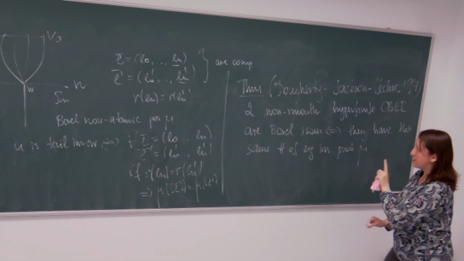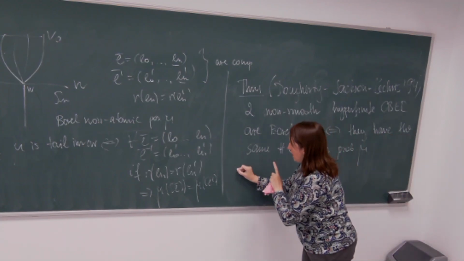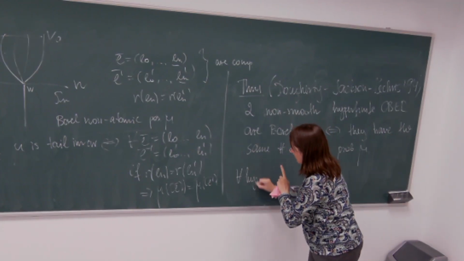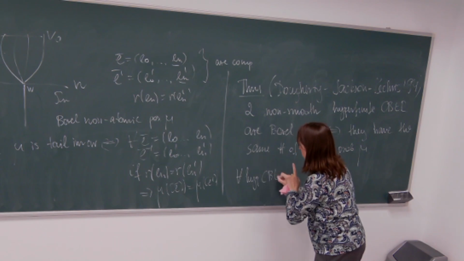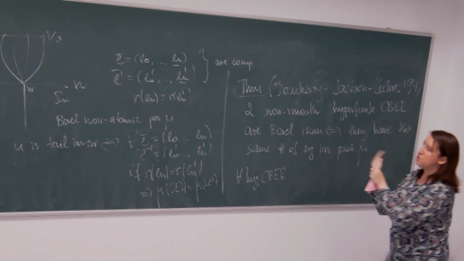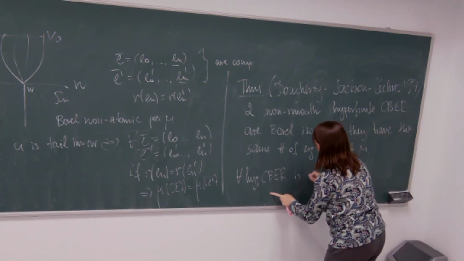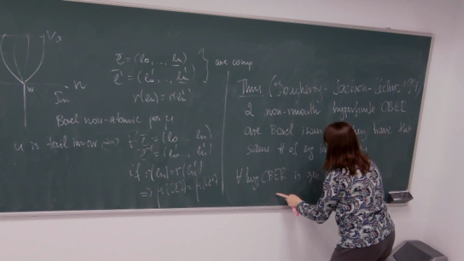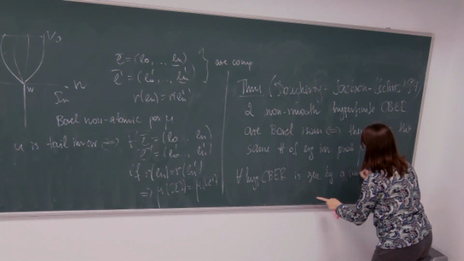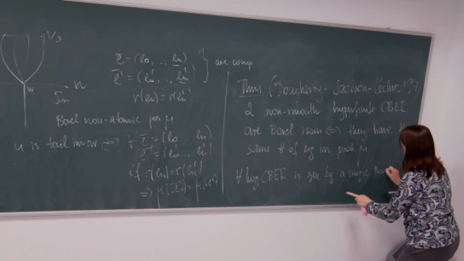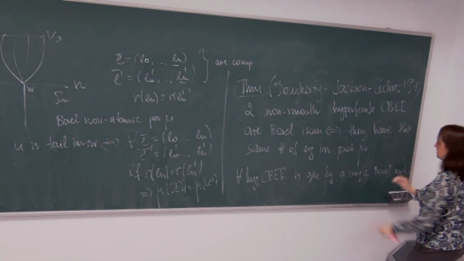And another result says that every hyperfinite countable Borel equivalence relation is actually generated by a single Borel automorphism. So let's see what it gives us.